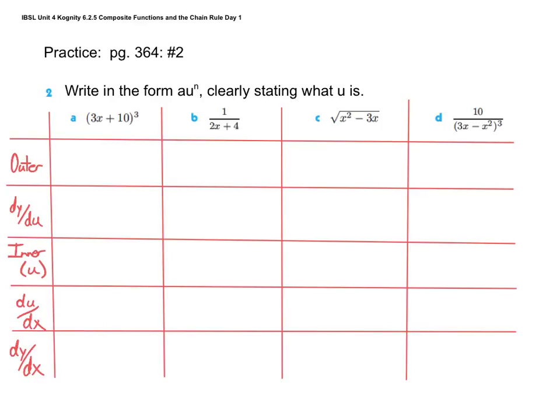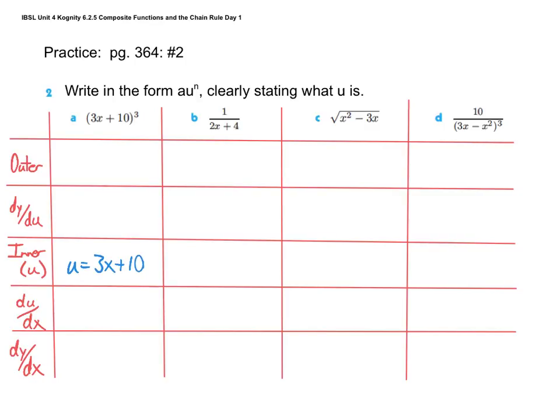All right, so let's work through these. You'll notice I added a couple of extra things here on the side, but let's go ahead and work through. First of all, let's get the inner function for each one. So what would u equal in A here? 3x plus 10. Yeah, 3x plus 10.